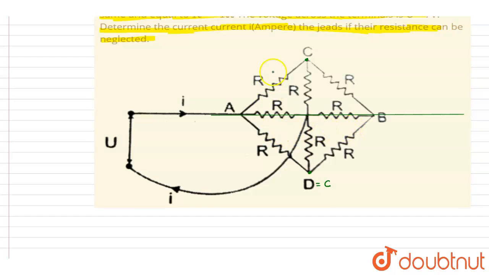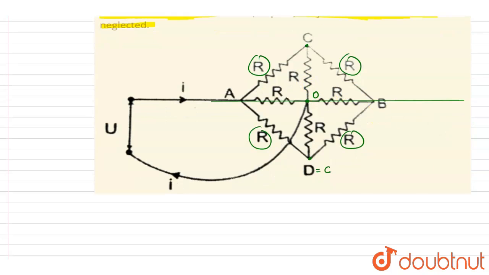So now these two resistances are connected between A and C, and these two connected between C and B. And this is the point O. If I make another diagram, we want the equivalent resistance between A and O. Between B and C, the two resistances are connected in parallel.